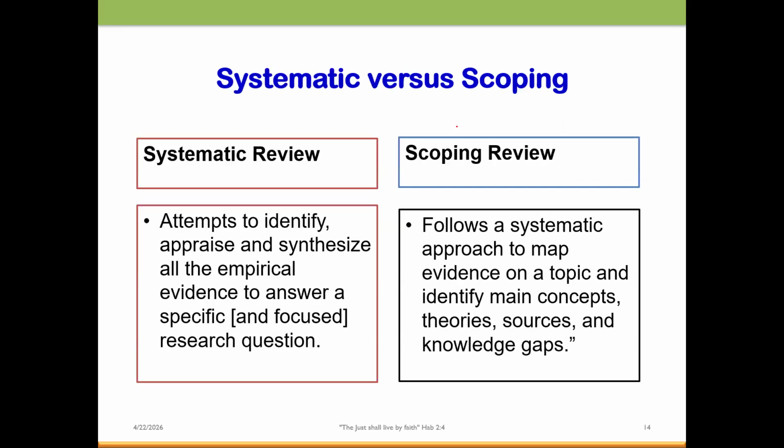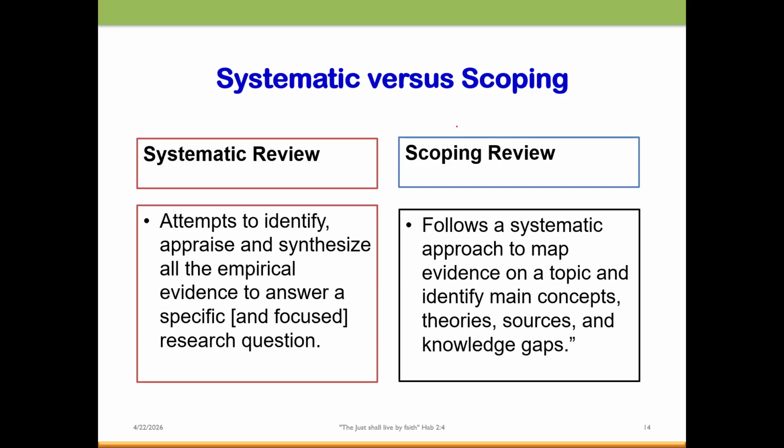So what is the difference between these two? We have the systematic review and we have the scoping review. The systematic review attempts to identify, appraise and synthesize all the empirical evidence to answer a specific and focused research question. On the other hand, a scoping review follows a systematic approach to map evidence on a topic and identify main concepts, theories, sources, and knowledge gaps.